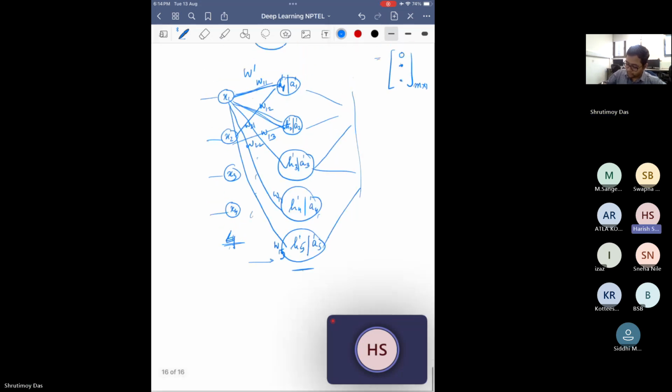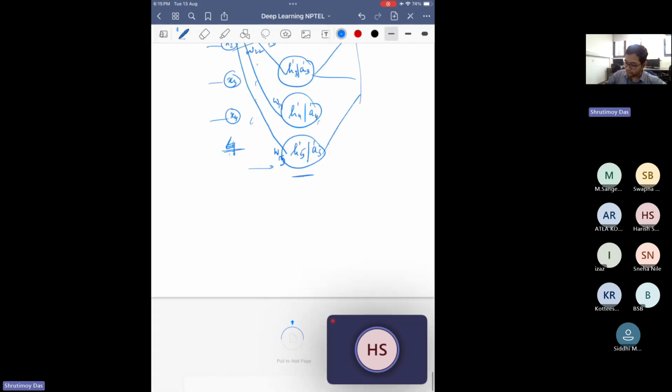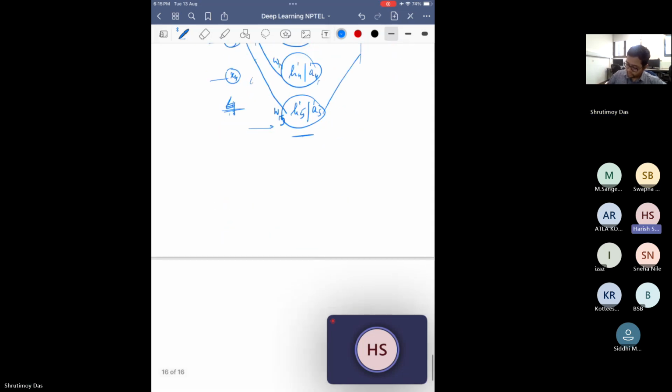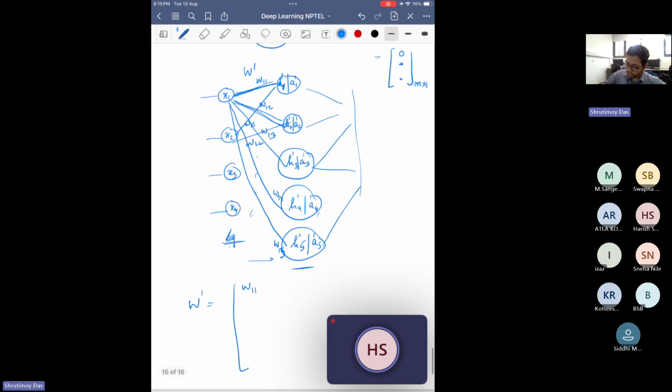Now you see that if I place each of these connections into an entry, we have your W1. So W11 is the weight of connecting input dimension 1 with the first hidden neuron. What is this?